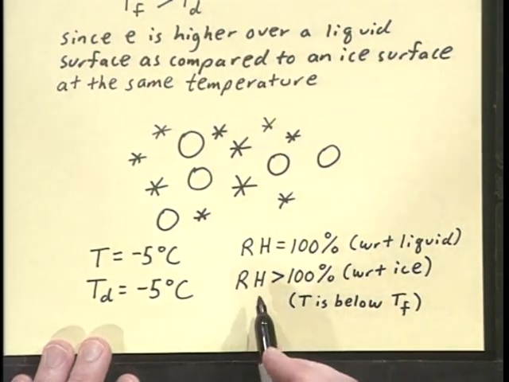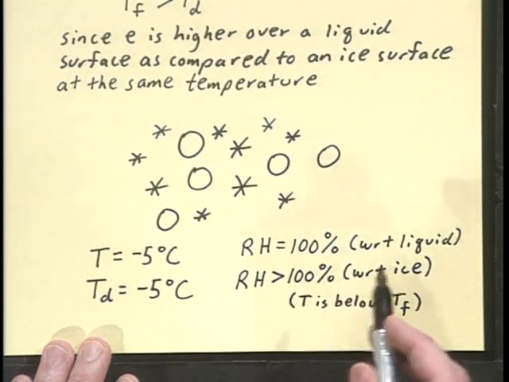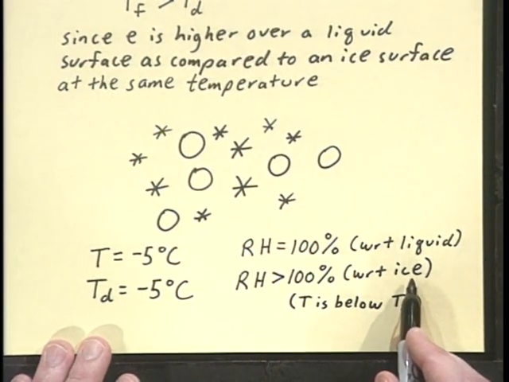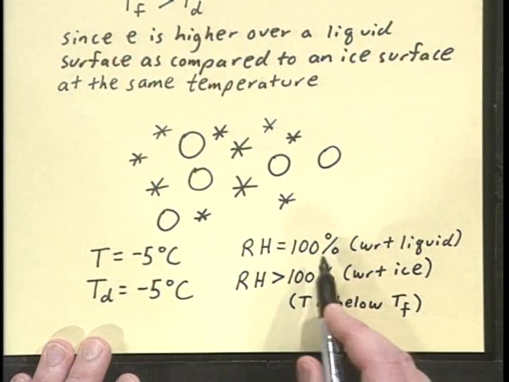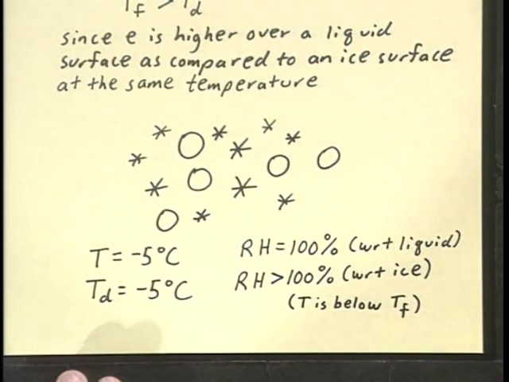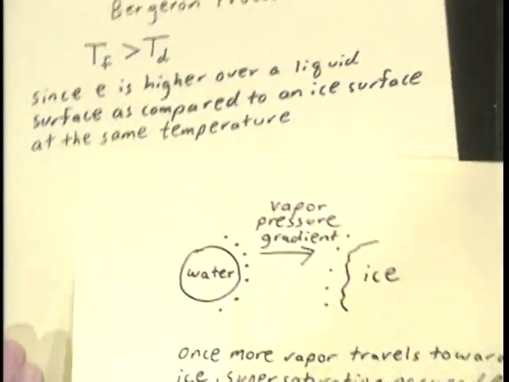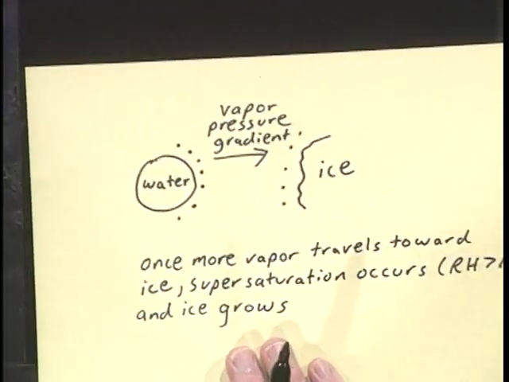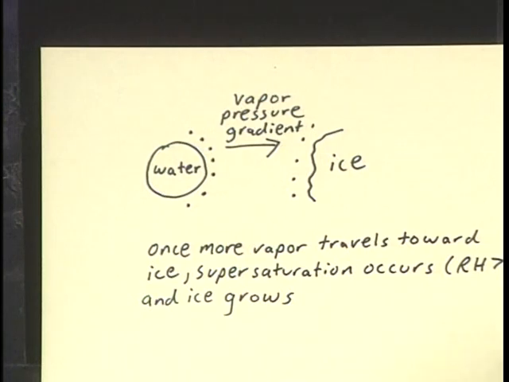So you actually have a supersaturation condition with respect to the ice. But as I mentioned on the sounding, it's only going to show it with respect to the liquid. So this is going to produce a vapor pressure gradient between the water and the ice.